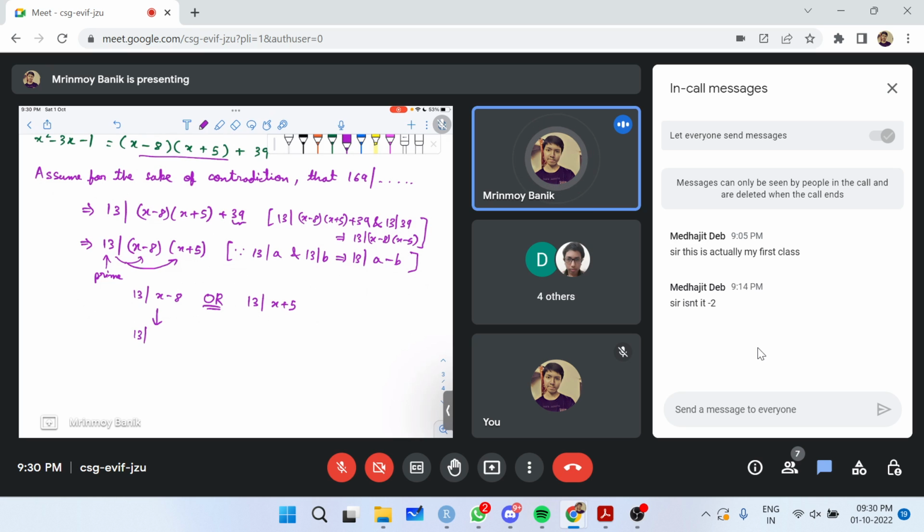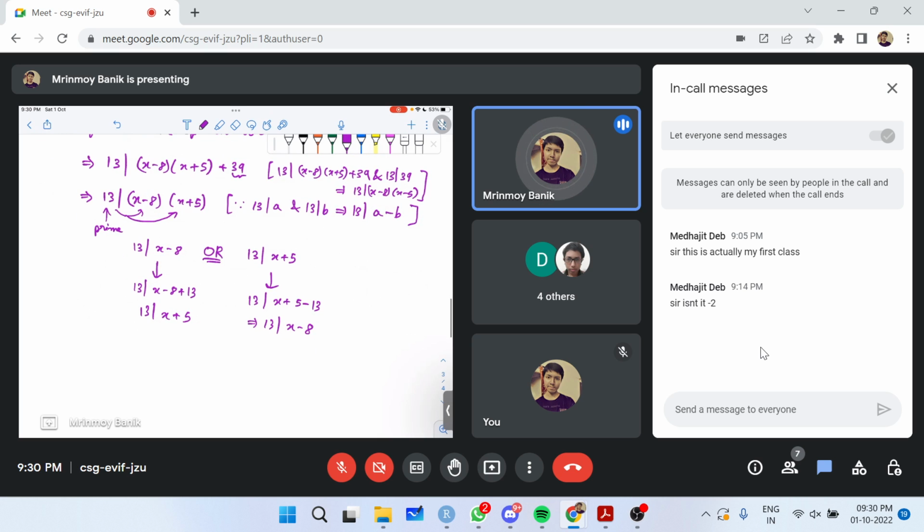That means we can write 13 divides x minus 8 plus 13, which is x plus 5. And similarly, 13 divides x plus 5 minus 13, which is the same as x minus 8. So in any case, 13 divides both the factors.